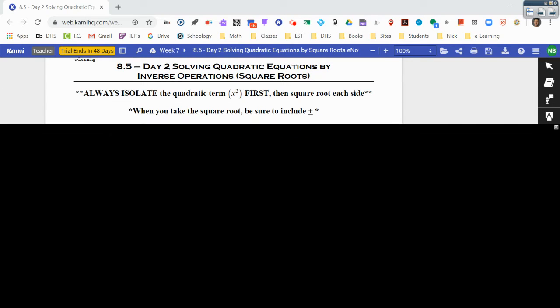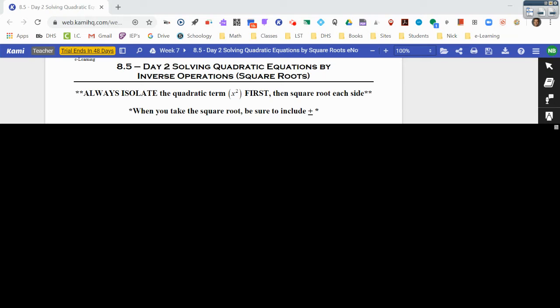So here we go. These are the two takeaways from yesterday's notes, the big ideas for solving quadratic equations using inverse operations. The first one is that we always want to isolate the quadratic term. That x squared term needs to be isolated. We have to get everything else away from that x squared term, and then you can take the square root of each side.